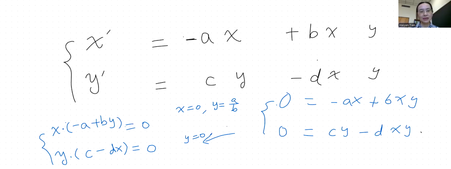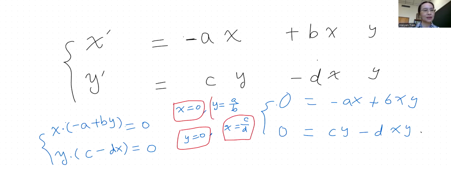That means x is c over d. So therefore, we have found one solution, which is x equals 0, y equals 0. That's a solution for the system. Or another solution, that is x is c over d, y is a over b.